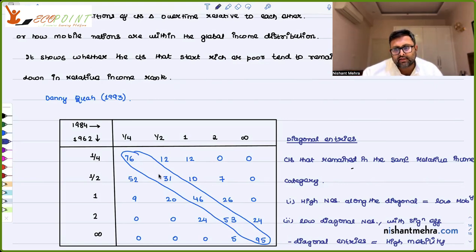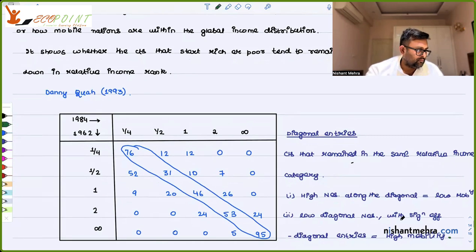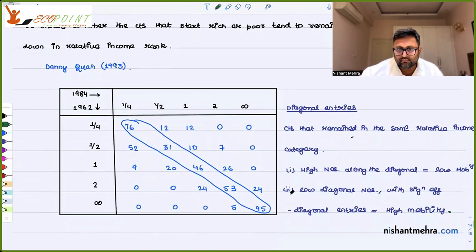No, not off diagonal, it's the same year. So just look at one of the off diagonal entries, for example, this 10.